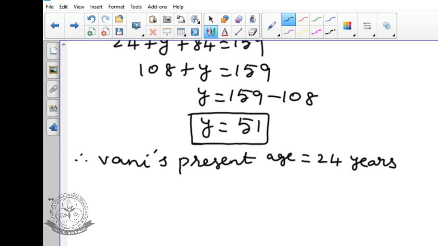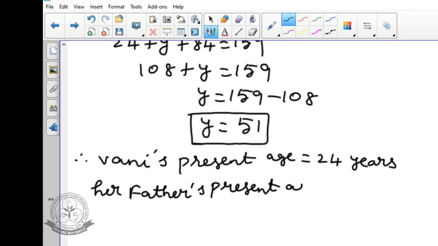Next, her father's present age, that is y, that is 51 years.